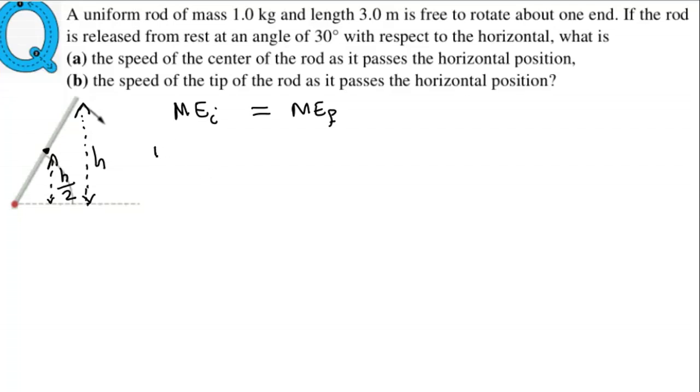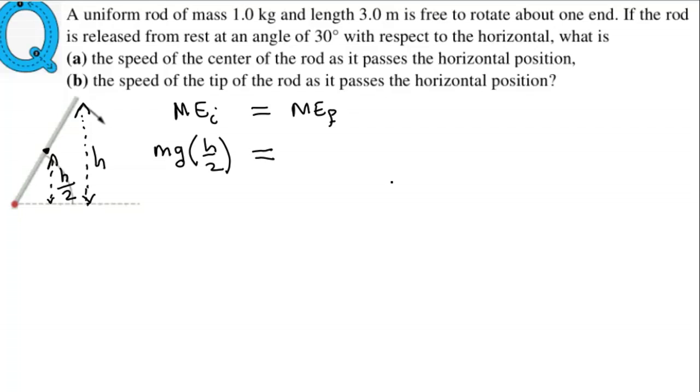Therefore, mechanical energy is only potential energy, mgh/2. When the rod passes the horizontal position, the center of mass is h/2 lower. That's the reference level, so we cannot write potential energy for that. If you do, it's going to be m times g times 0.